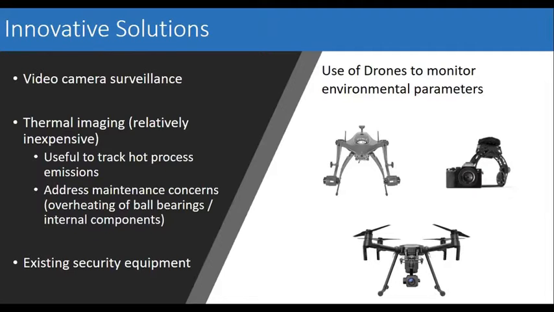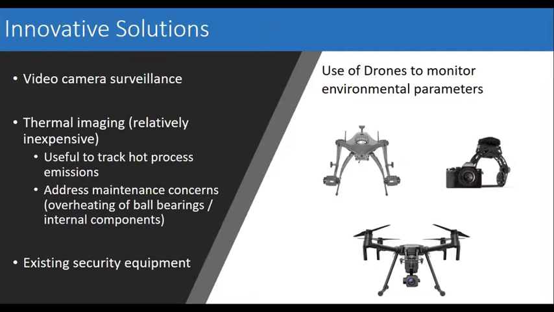Moving on to the right side of the slide, while drones today are being used to monitor the status of electric lines and pipelines, they are just making their way into the realm of environmental monitoring. So you've got drones that carry thermal and optical imaging cameras. They can be mounted on the drones and can be used to monitor large facilities or long pipelines.